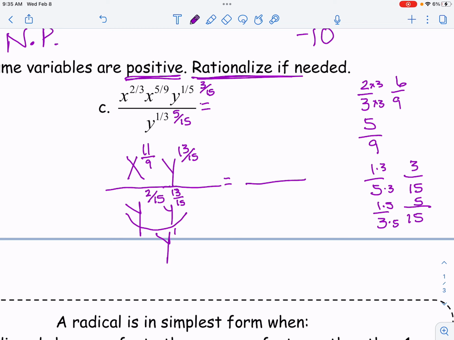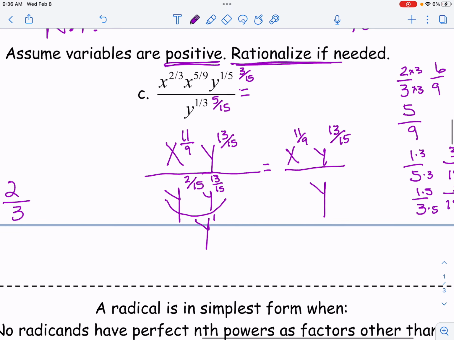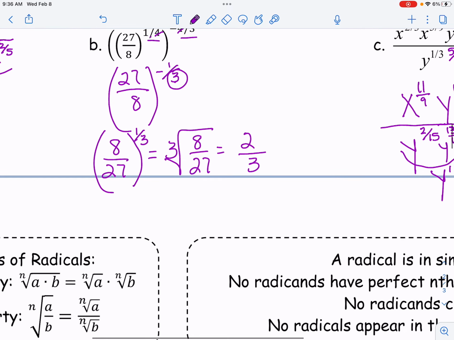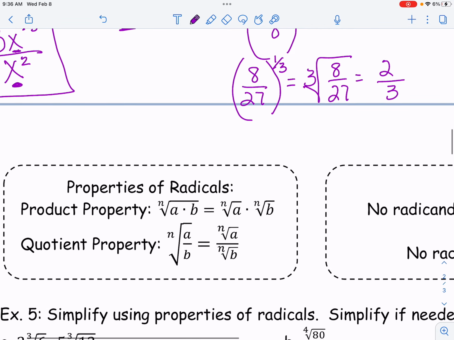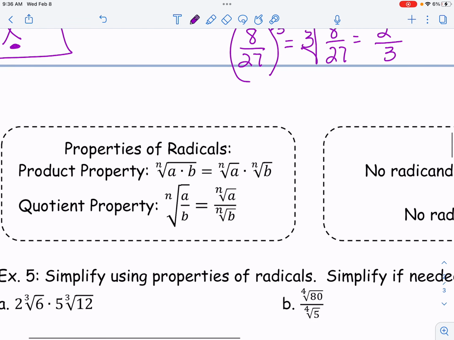So y is on the bottom. On the top, it's going to be this. And that's my answer. Remember, you cannot have radicals on the bottom. You cannot have rational exponents on the bottom.